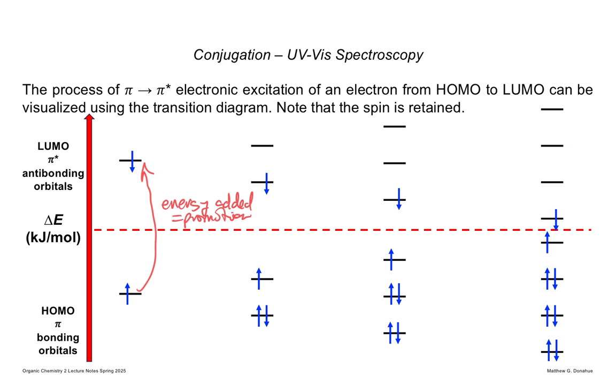You get that promotion of an electron from the lower energy to the higher energy orbital, and notice that the spin is conserved. I don't think anyone in the chemistry or biochemistry department does this research, but probably in polymer.